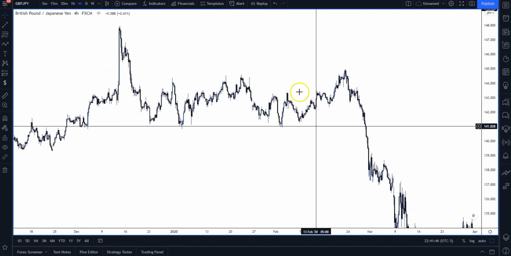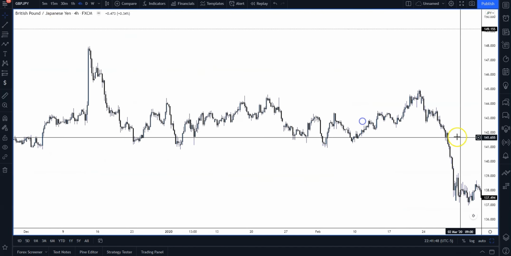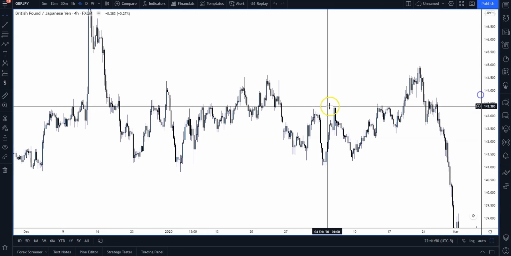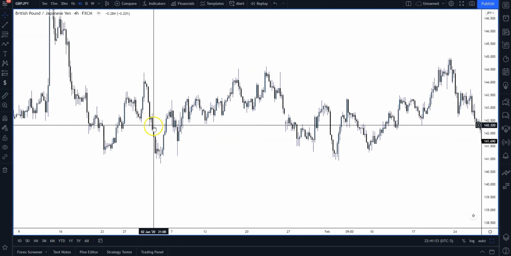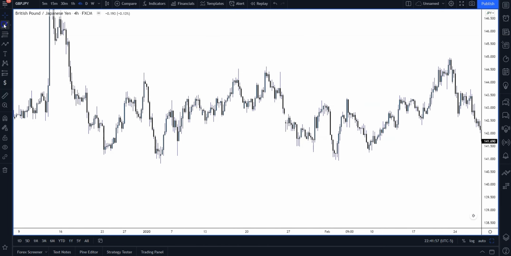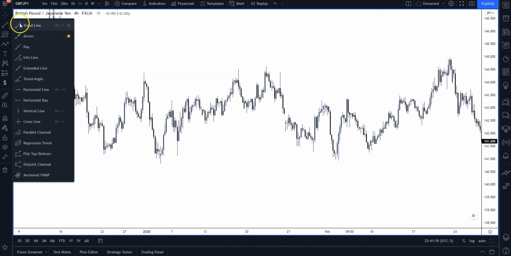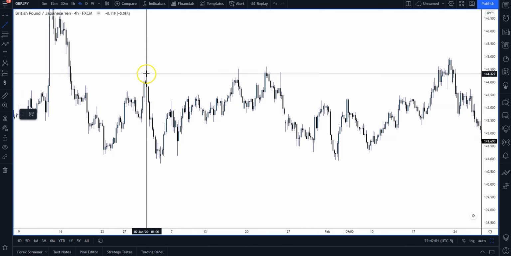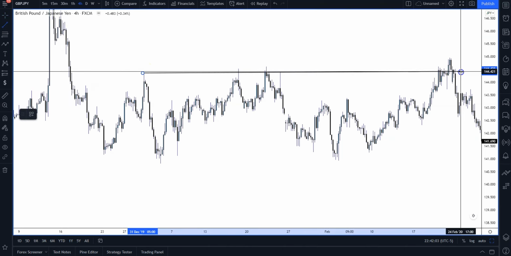Okay, so now we're back with GBP JPY, and what we see right here is a high, a low, another high, another low, and we see that the market is moving sideways within a range.